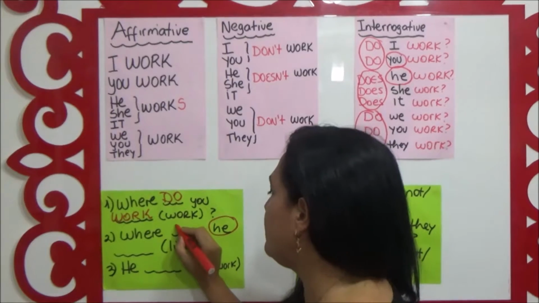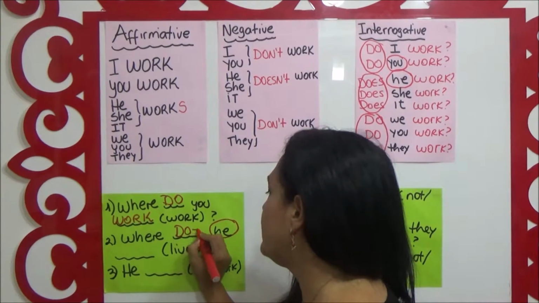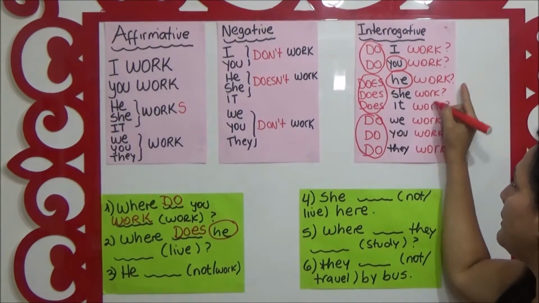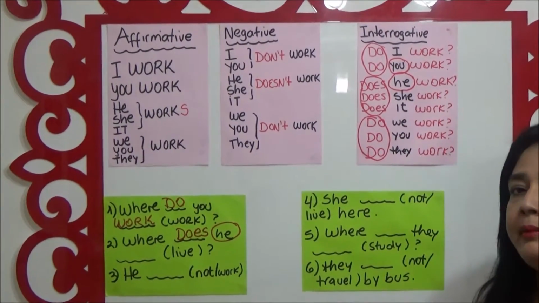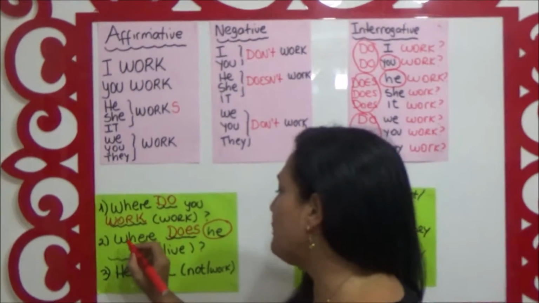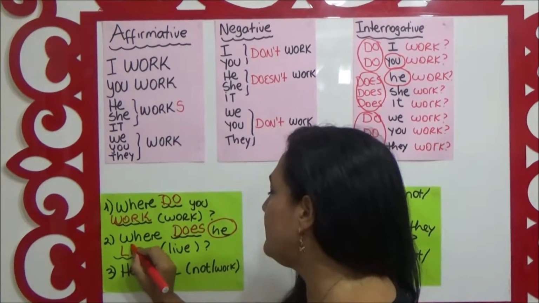So we say, where does he? And what happens with the verb? The verb remains in the infinitive form. So we have, where does he live?